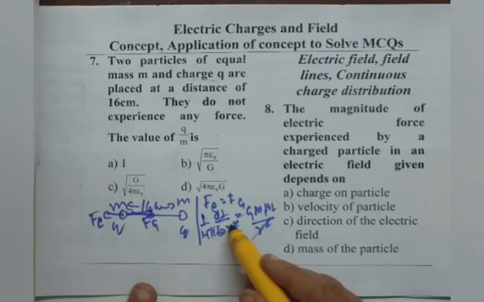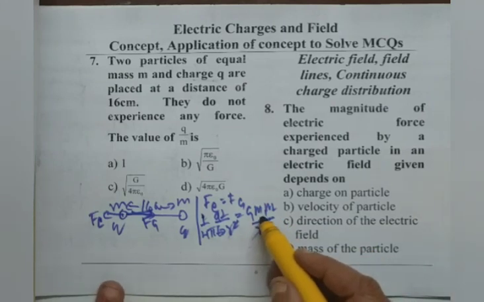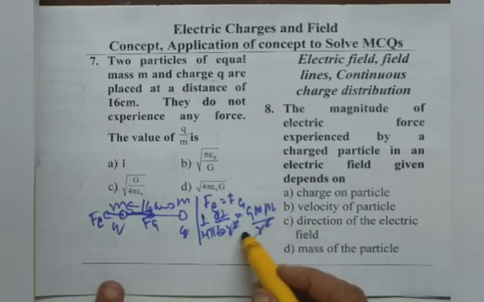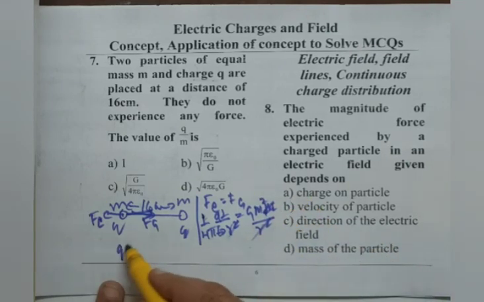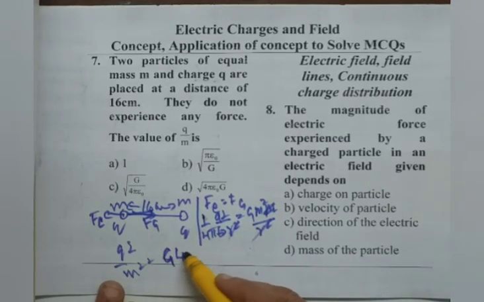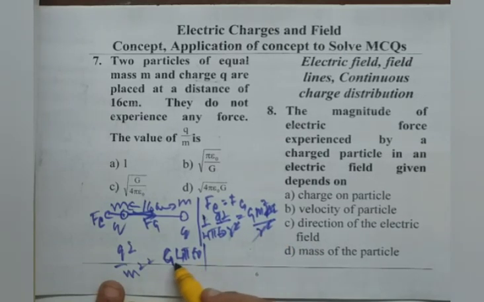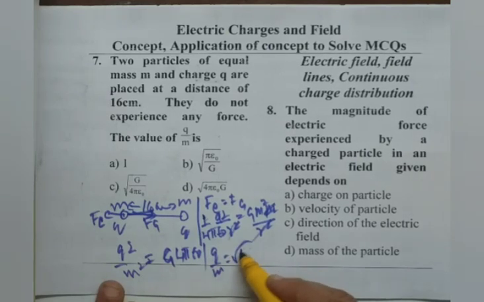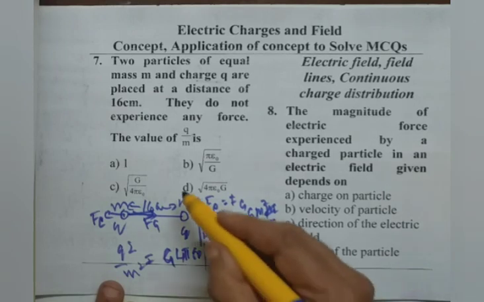And we are asked to calculate q by m. We go for it now. Here identical masses mean we can write it as m square. So we can simply write q square by m square as, observe, G times 4 pi epsilon naught, which comes from this side. Therefore q by m equals root of 4 pi epsilon naught G. So option D is right.